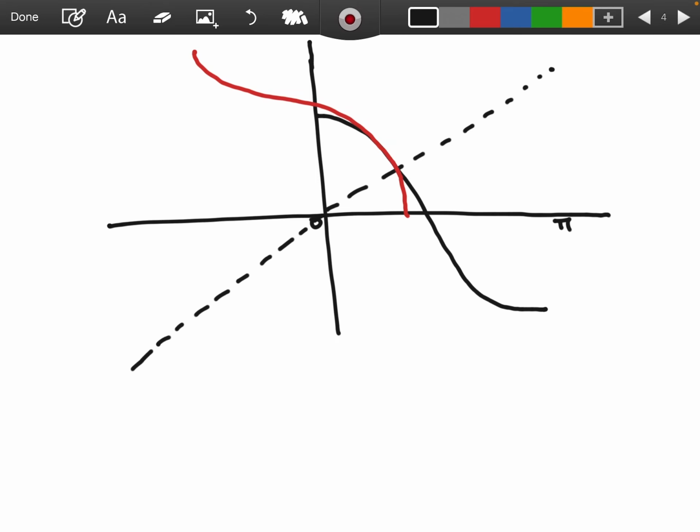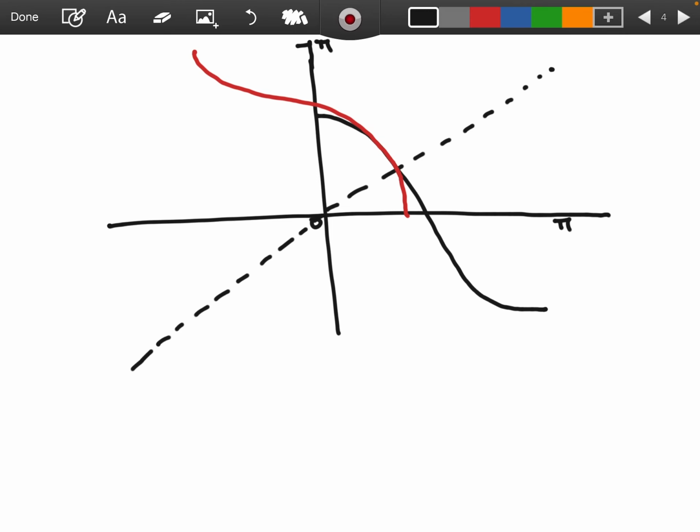But the main thing that we want to look at here is the domain and range. So our domain for cosine was restricted to 0 to pi. So that tells me that my range of cosine inverse is going to be between 0 and pi.